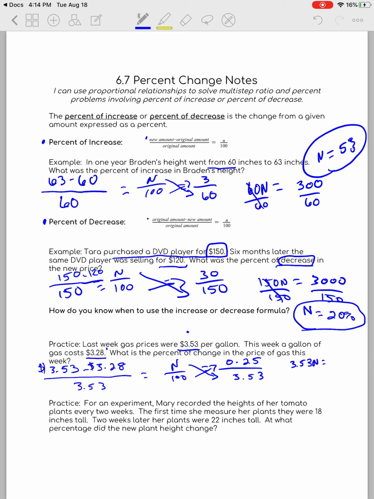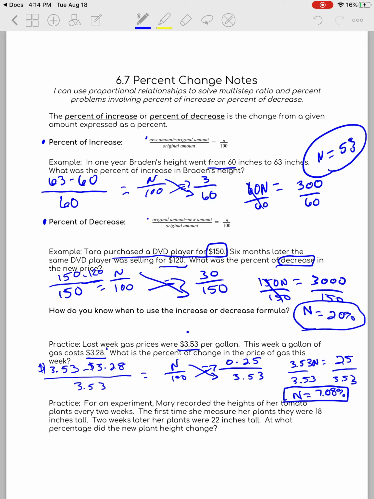So now we have 3.53n is equal to 100 times 0.25, and that is 25. Now we divide. And what is 25 divided by 3.53? n will equal 7.08% change. Let's do one more.